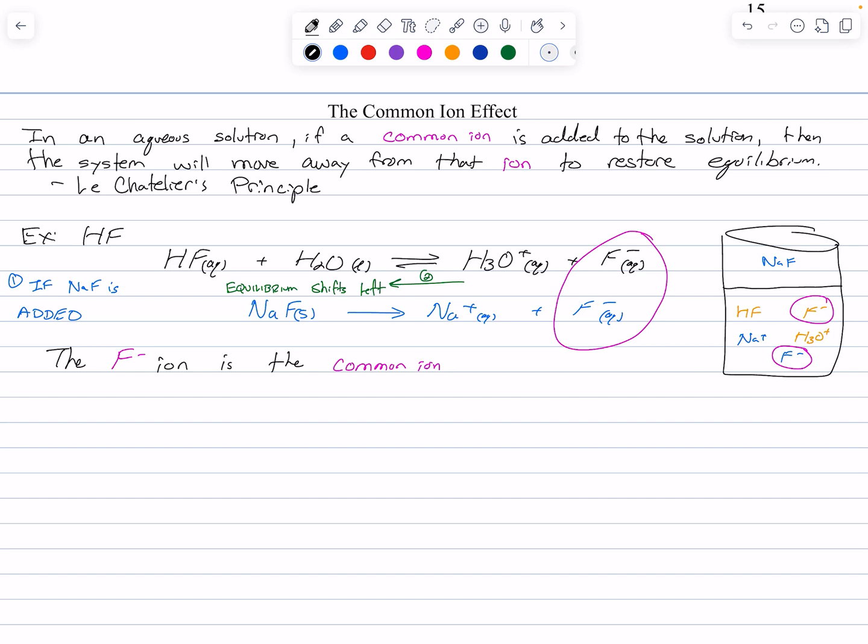And then the addition of the common ion suppresses the ionization of the weak electrolyte.